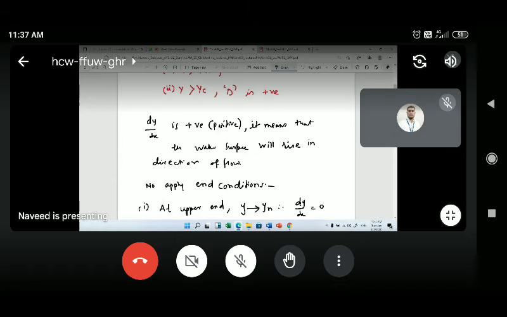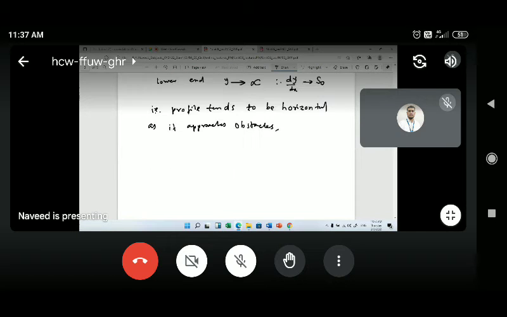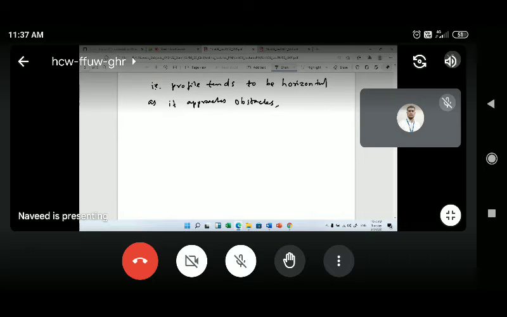Now we will see the second case, that is for the M2 profile. This is the M1 profile. In the same figure we will draw the M2 profile also. For the M2 profile, we have actual depth in between the zone, that is, between critical depth and the normal depth of flow.